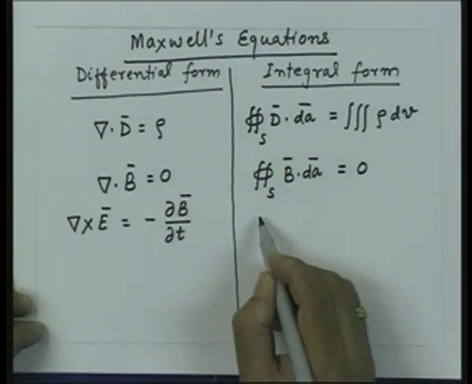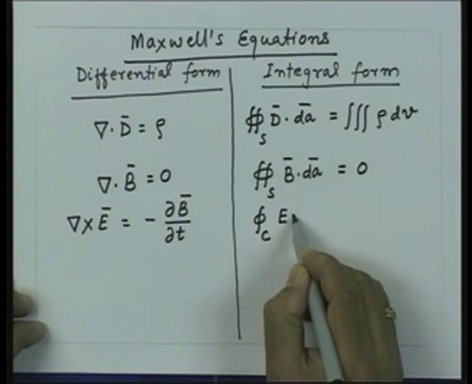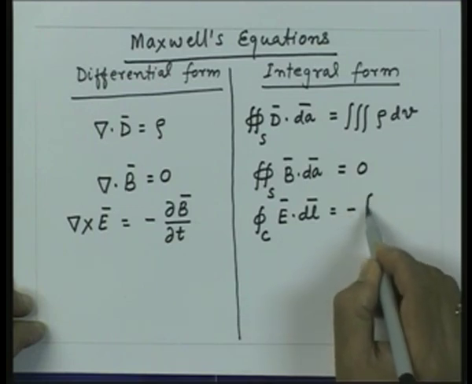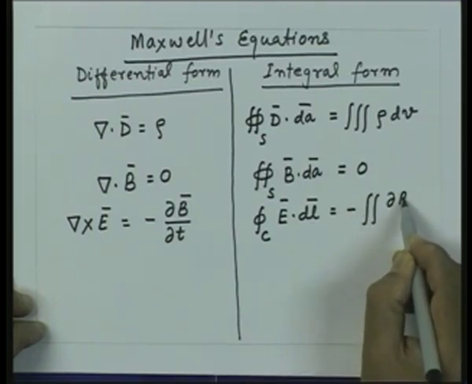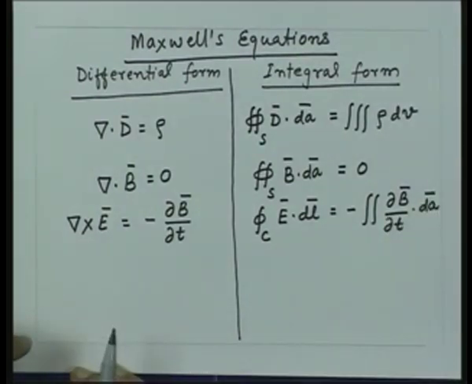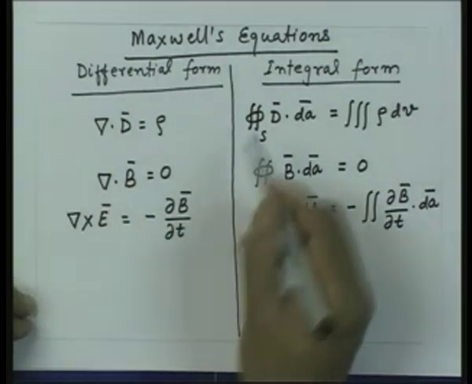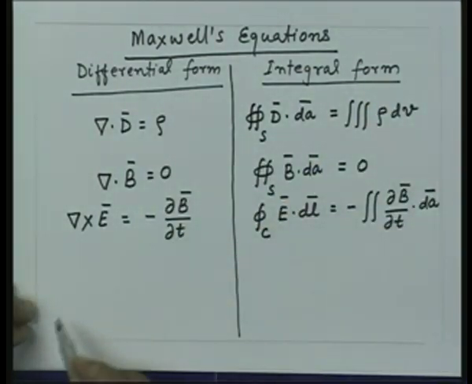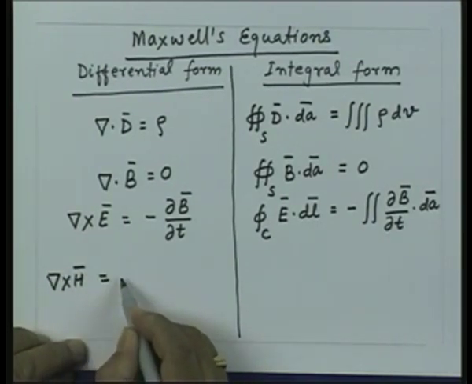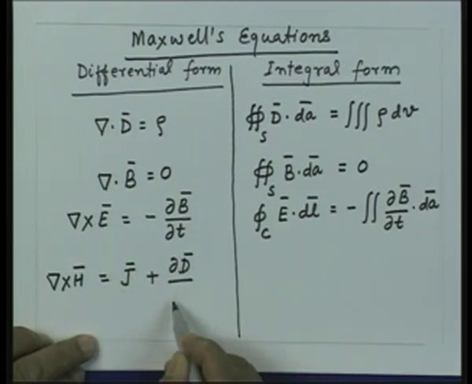In the integral form, it can be written as the integral over the contour of E dot dl, that is equal to minus the integral of dB by dt dot dA. And finally, Ampere's law, which we have got after introducing the displacement current density, is del cross H equal to J plus dD by dt.